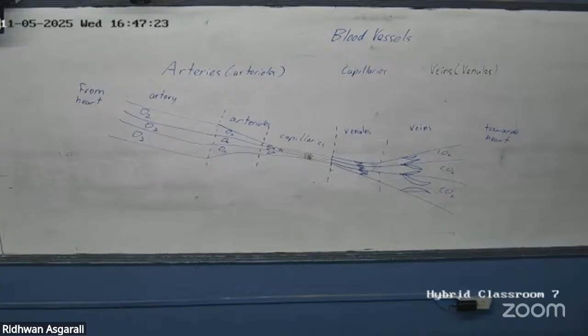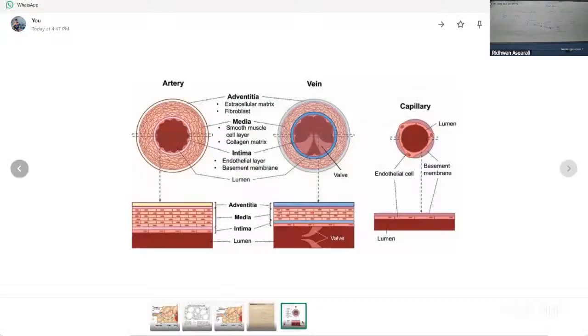Right, so that's a diagram of a cross section of the three different blood vessels. Again, it should look similar, except the labels will be a little bit different now.